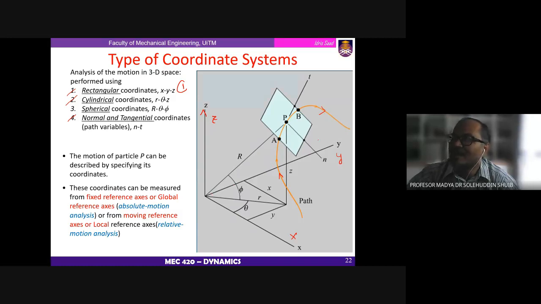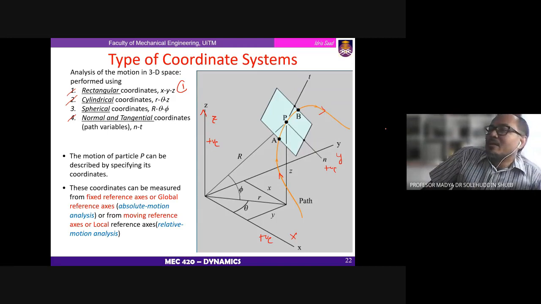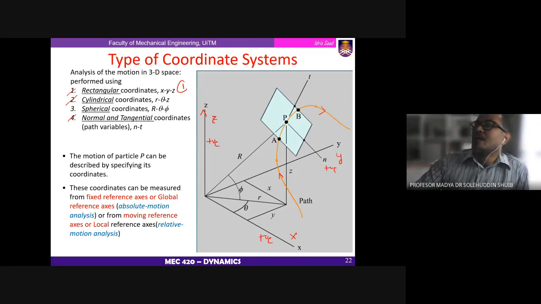This direction is positive; going back is negative. Here also Y is positive, and Z is positive. This is positive X, this is positive Y, going in this direction.